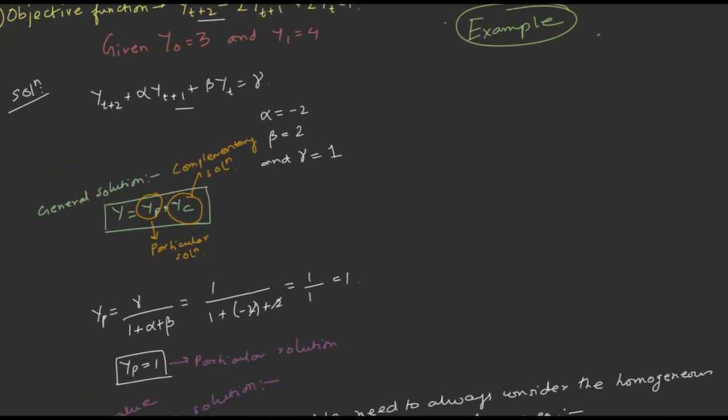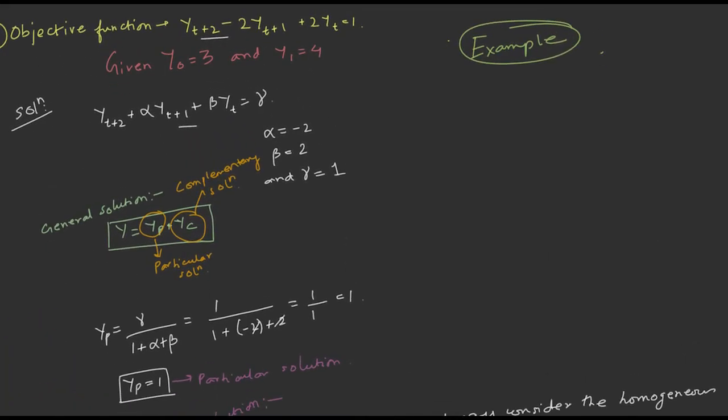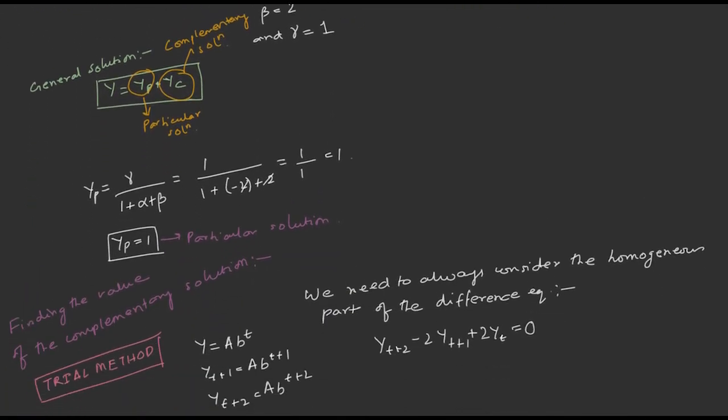This: y t plus 2 minus 2 y t plus 1 plus 2 y t equals 0, because gamma will always be 0 in the case of a homogeneous equation.